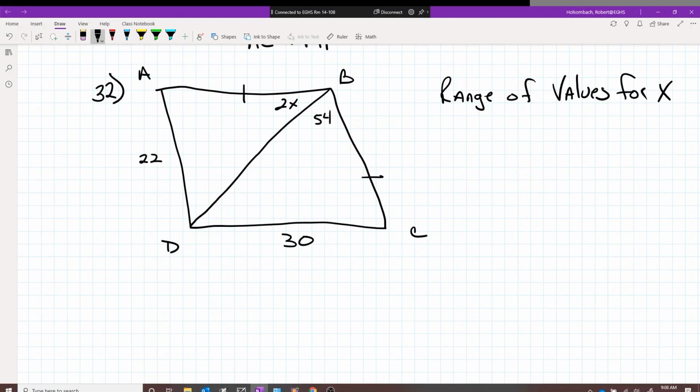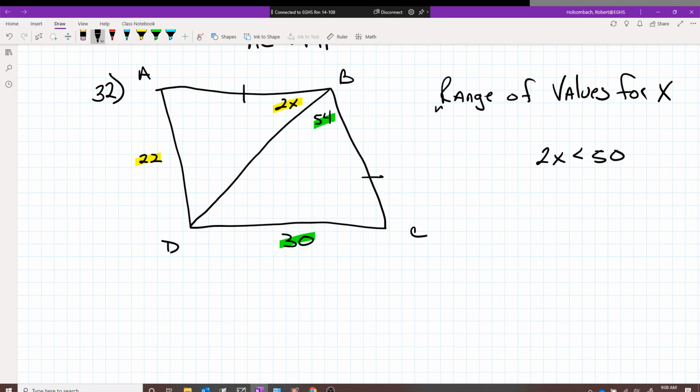Okay, the range of values for x. In this picture here, we've got an angle 2x that's opposite 22. We've got an angle that's 54 degrees, opposite 30. The 2x is opposite a smaller side, so the 2x has to be less than 54.